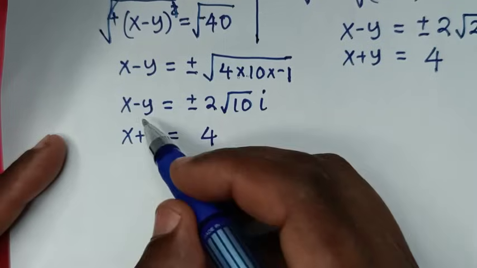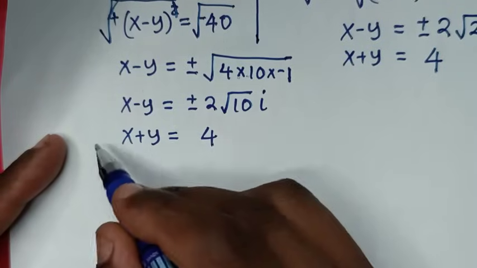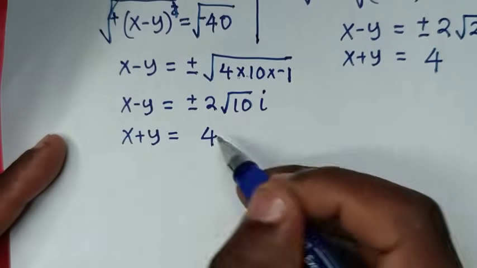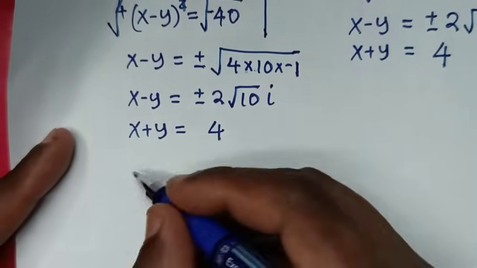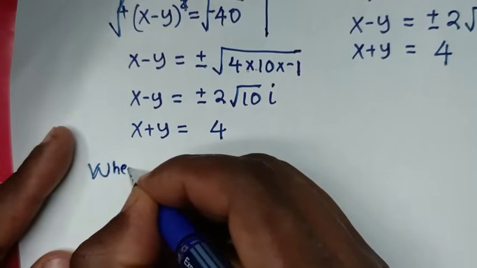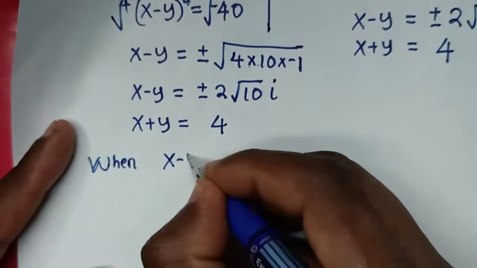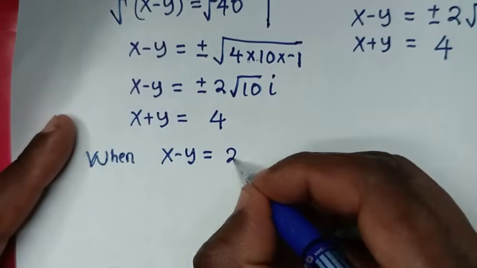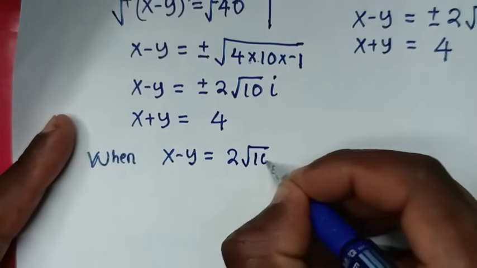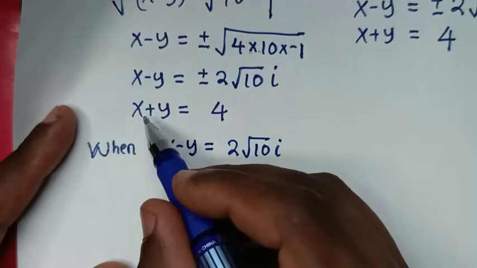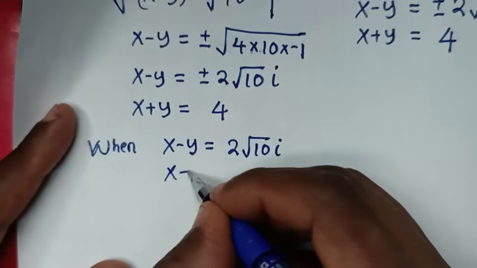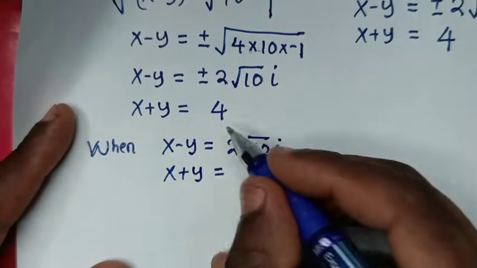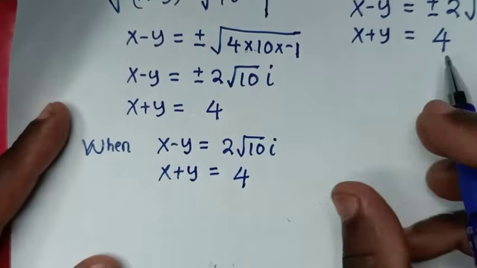Now let's start to deal with the first simultaneous equation, whereas in here when x minus y is equal to positive 2 square root of 10i and x plus y is equal to 4.